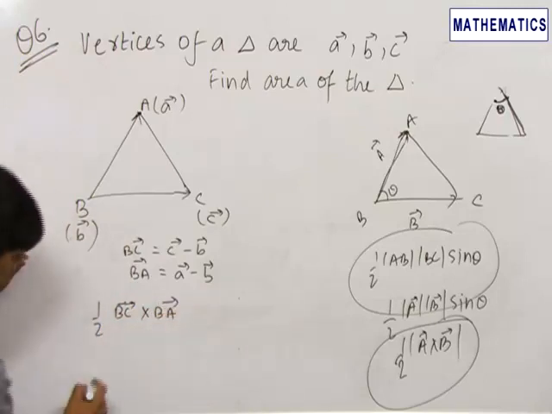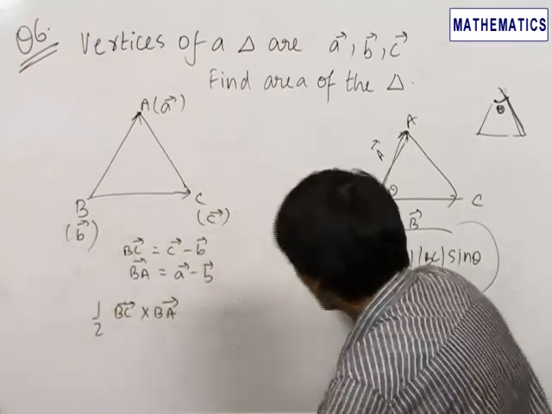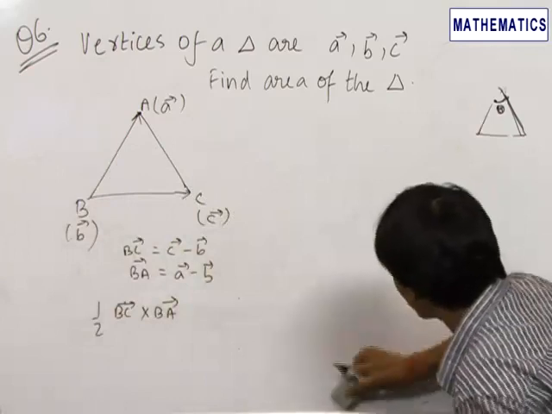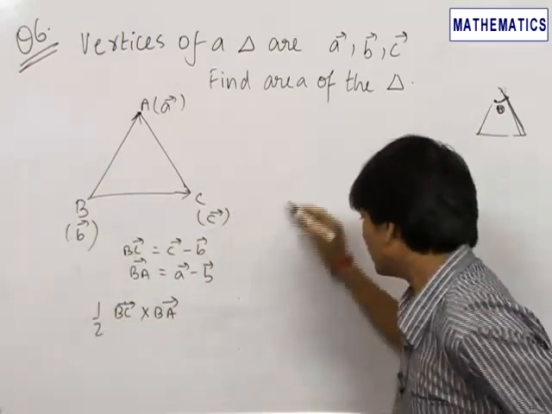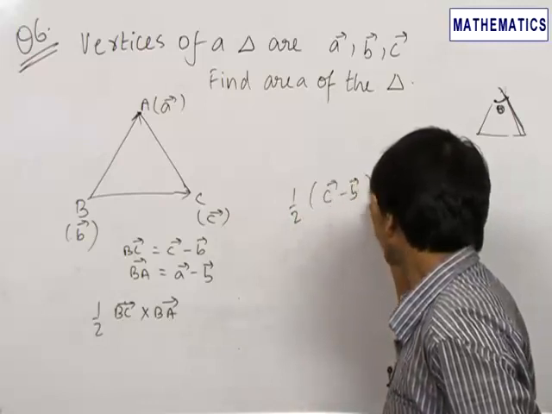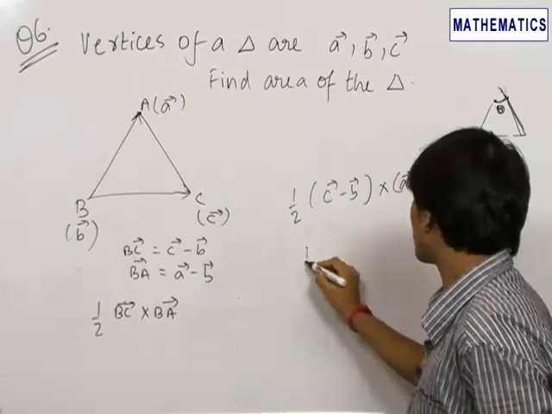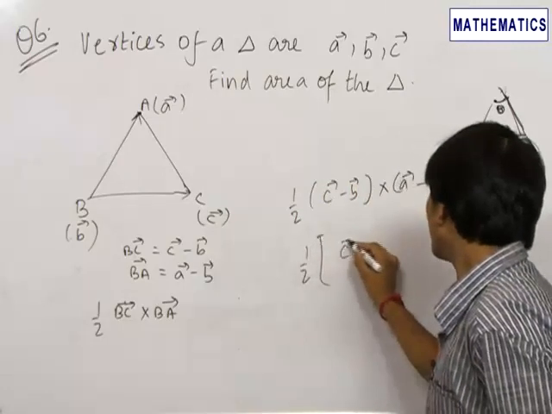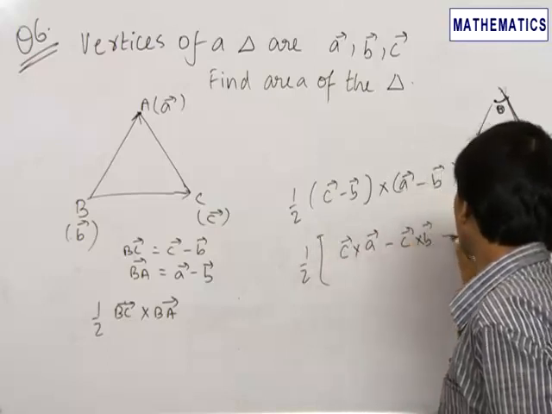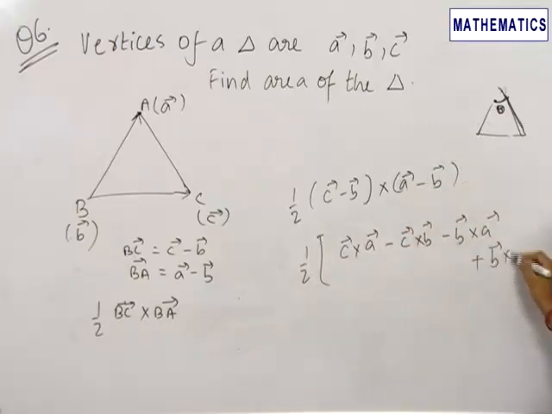Now we write down these quantities over here. We have to actually take the modulus at last. Let us solve it without writing the modulus over here. We will apply the modulus at last always. Now half of C vector minus B vector cross A vector minus B vector, this comes out to be equal to half of C vector cross A vector minus C vector cross B vector minus B vector cross A vector and plus B vector cross B vector.